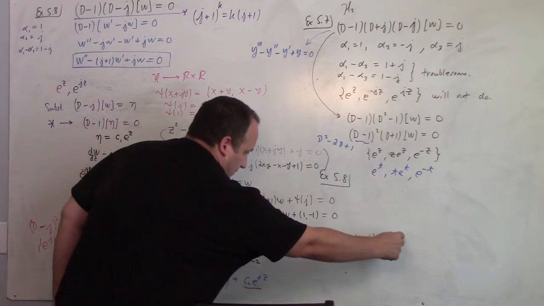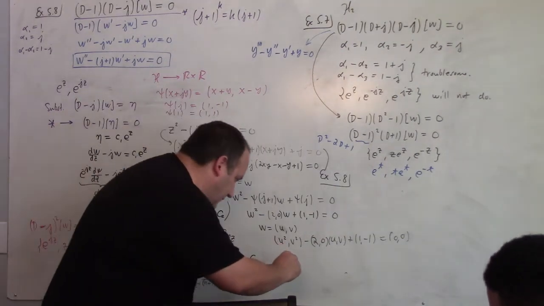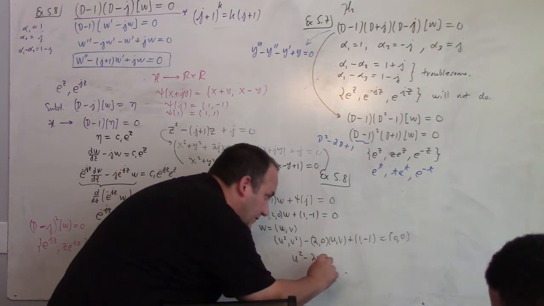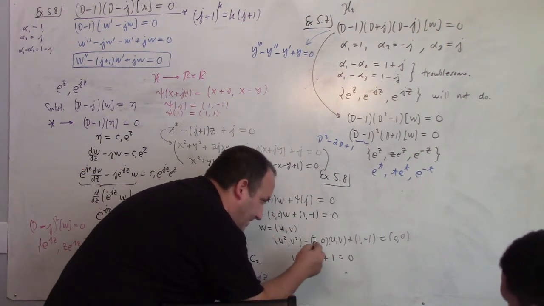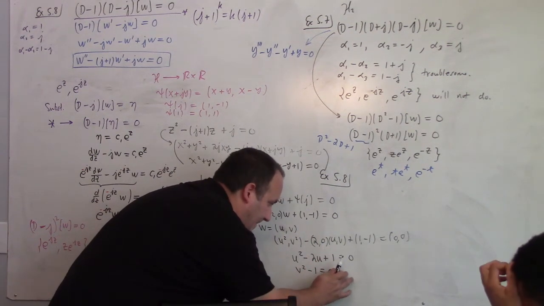Alright, then just break that down into 2 equations. So we got u squared minus 2u plus 1, plus v squared minus... See, I knew that's where you get into trouble.